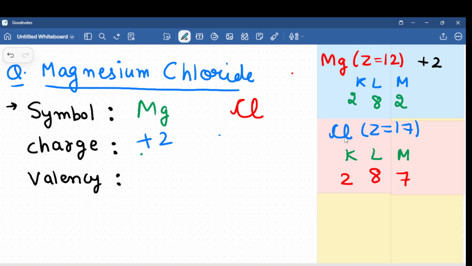But we know that chlorine is a non-metal and non-metals are electronegative in nature. By electronegative we mean that non-metal will always gain electron in order to complete its octet.